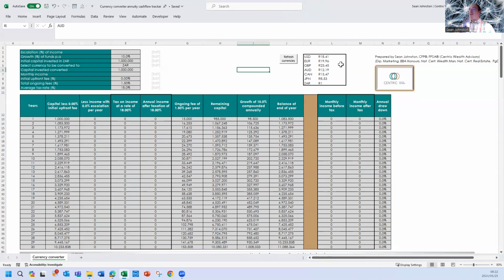It is now 18.41. And that's quite important because if you're investing in the US, when the Rand strengthens, your Rand is appreciating against the US dollar, and of course vice versa. The reason why people would recommend investing offshore is because we're expecting the Rand to depreciate over time, where you get to, let's say, 20 Rand to a US dollar.